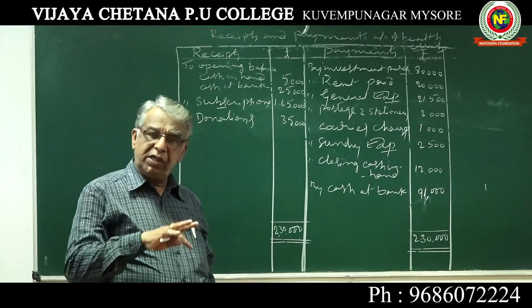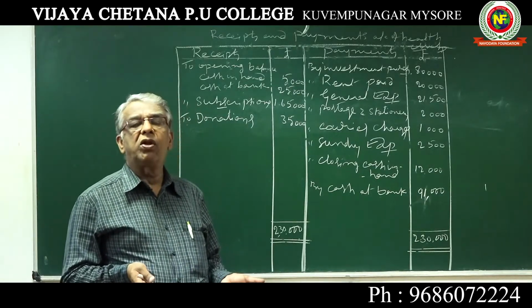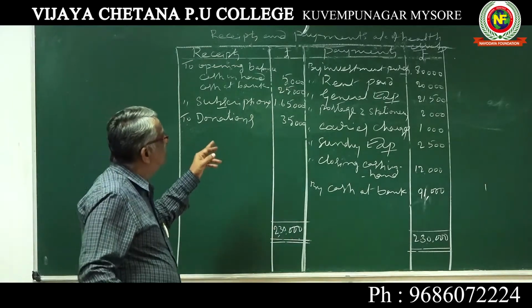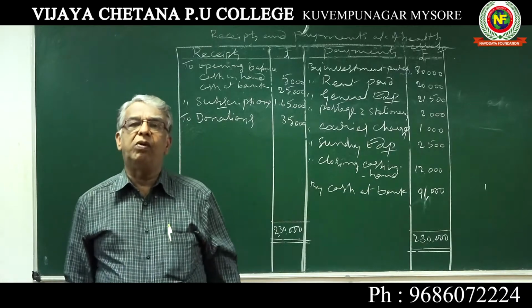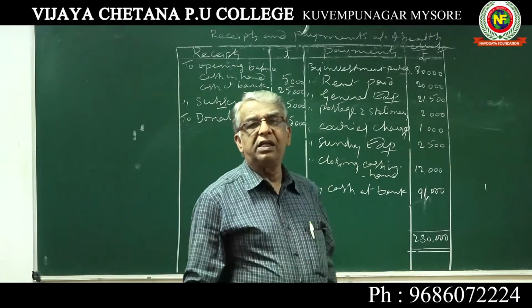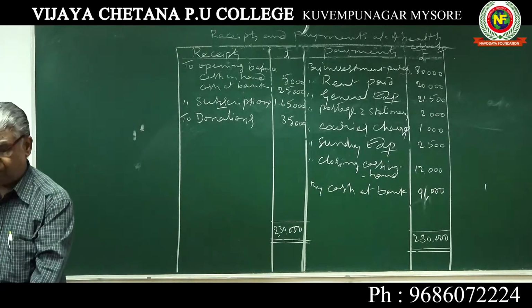So in the previous class I have already explained what is receipts and payments account and what are all the items it contains. So now after this, let us pass on to another problem, another numerical, that is exercise number 2, numerical number 2.